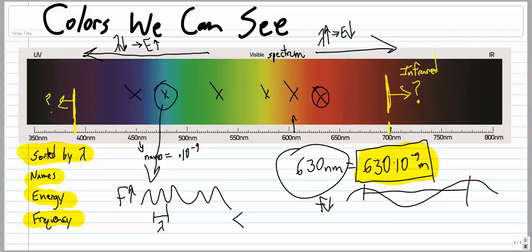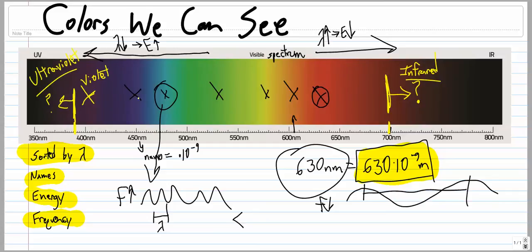These are the waves that are just longer than the color red we can see, and there are certain critters that can see those waves, like pit vipers can sense infrared radiation, or maybe you've heard of night vision goggles. And out this way, if this is what we would call violet, then just shorter than violet we call ultraviolet, which is something you've probably heard of before.